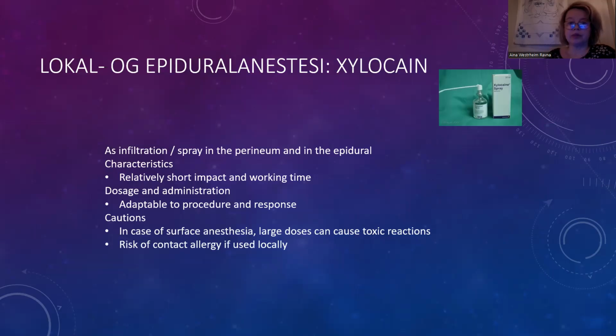Moving on to xylocaine, which is a local anesthetic. It can be used as an infiltration, where you spray it in the perineum, and you can also give it as an epidural.